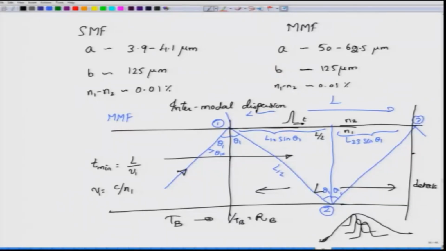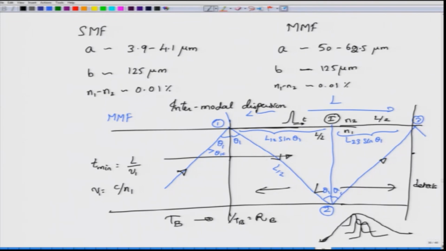If I assume that the distance between 1 to 3 is L and there is a symmetry out there, so that the length from 1 to some intermediate point I, these are not very nicely labeled, but please excuse that, is L by 2, and the length from I to 3 is another L by 2, then the actual length that the ray propagates to get from 1 to 3 is L12 plus L23.